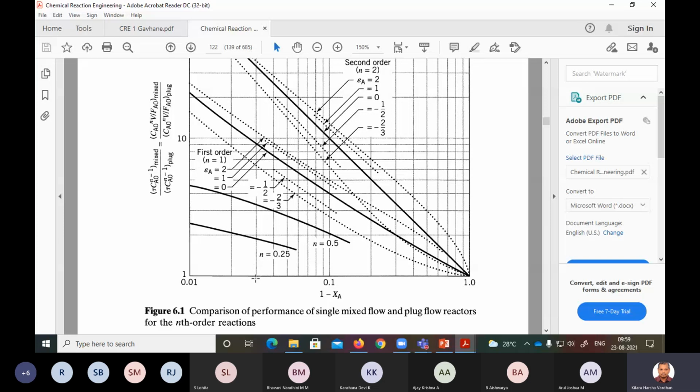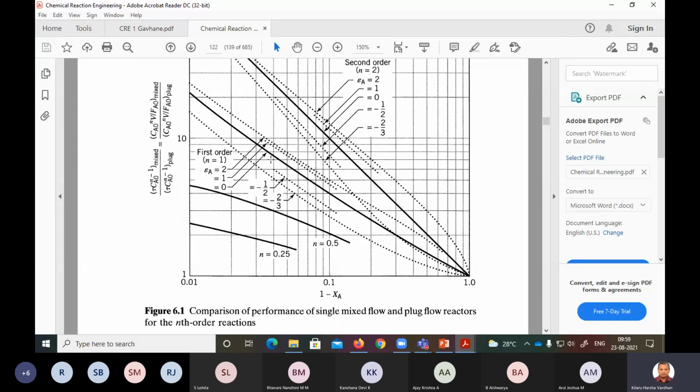Then you are left with 1 minus XA as around some value. From that you can calculate the XA value. So this is nothing but the ratio. As the order increases, you can see the curve is shifting towards this. It's not only with the order, even with all the solid lines it is with the order. This is order 0.5. This is order 0.25.